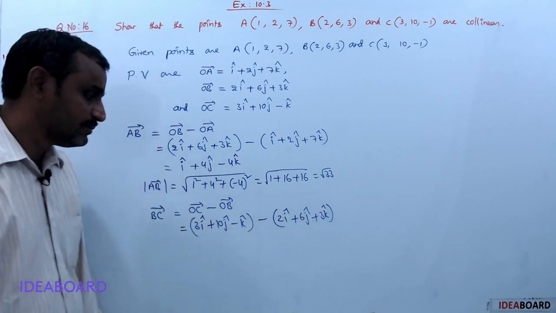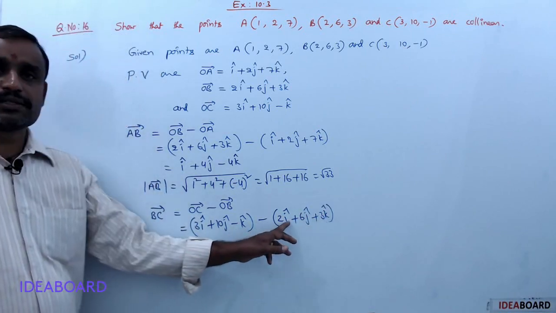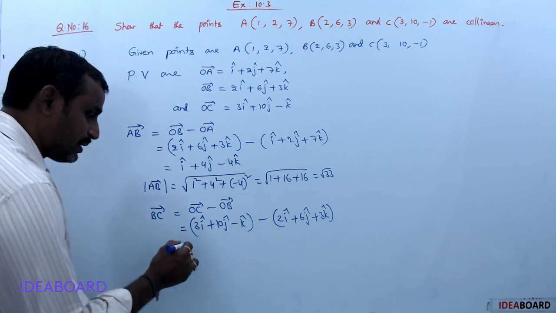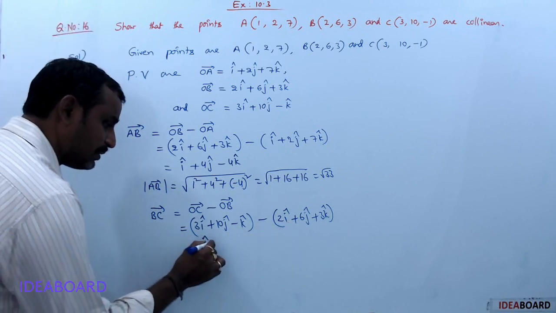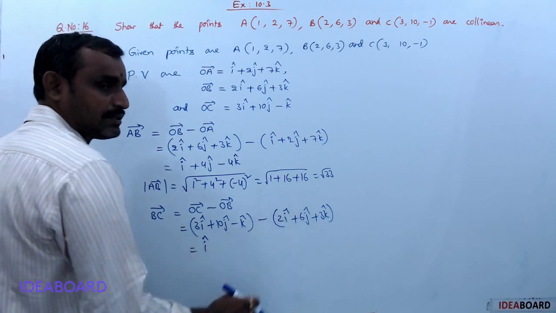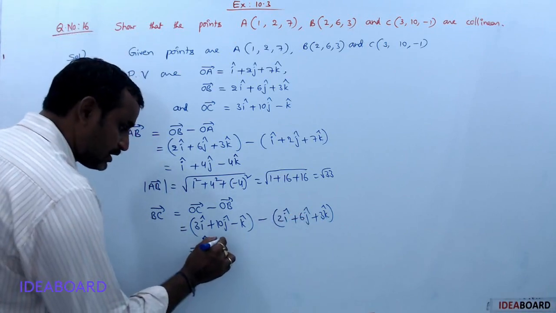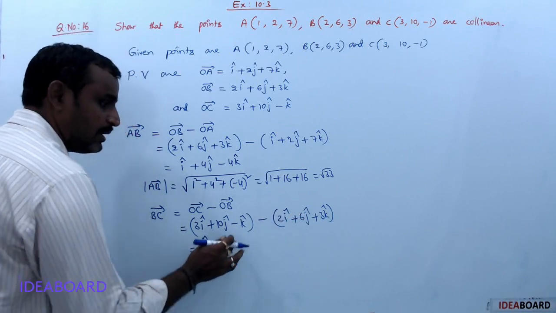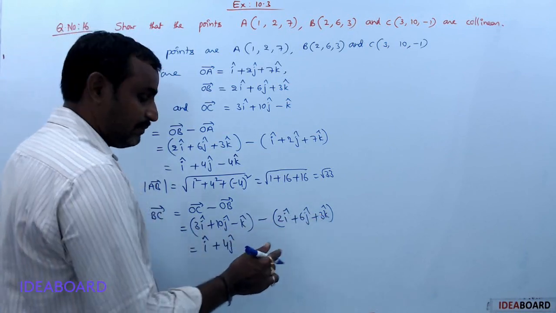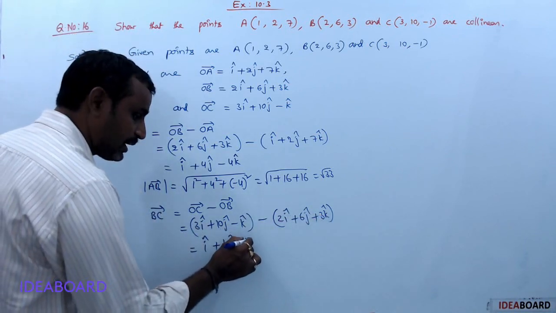Now simplify this. 3i minus 2i, the value becomes i cap. 10j minus 6j is plus 4j cap, minus k minus 3k, so now minus 4k cap.